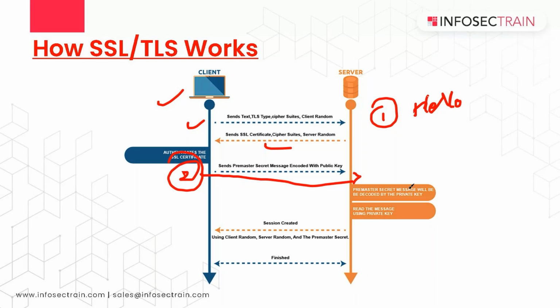Then the server is going to decrypt the session key with its own private key, and then use it to encrypt the communication which happens after that. So this is our three-way handshake in SSL/TLS.